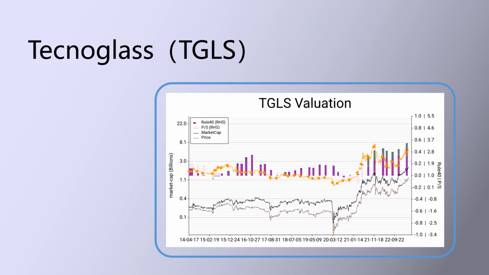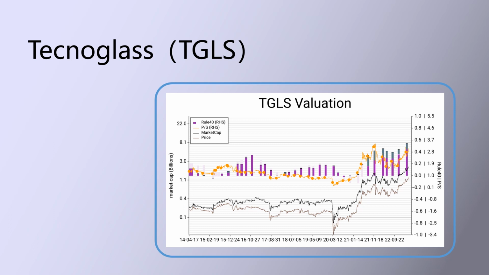Tecnoglass is a Colombian company that manufactures and sells architectural glass, windows, and aluminum products. The company was founded in 1984 and initially struggled to establish itself in the highly competitive industry. In the early years, Tecnoglass faced numerous challenges, including financial difficulties, poor management decisions and a short report by Hindenburg Research.